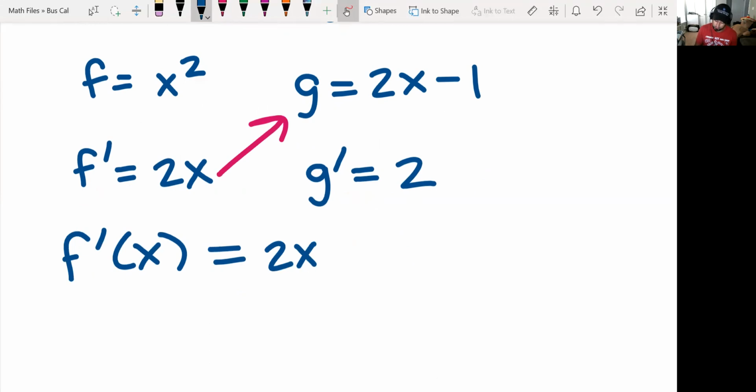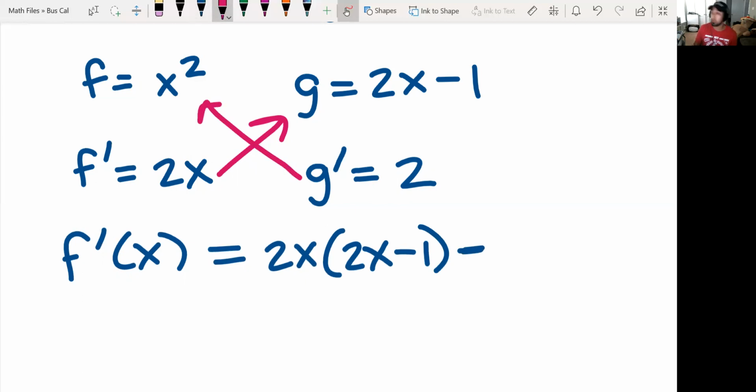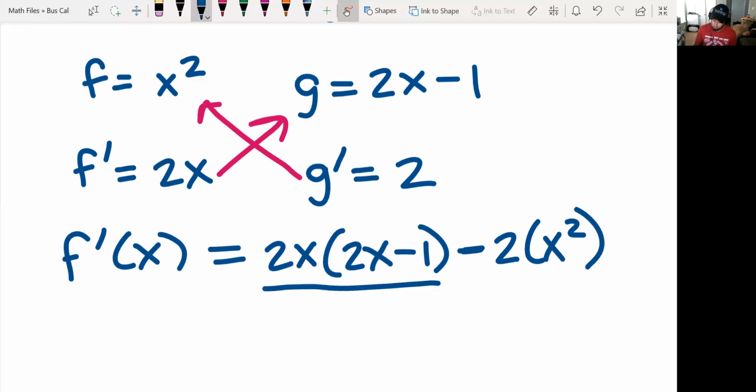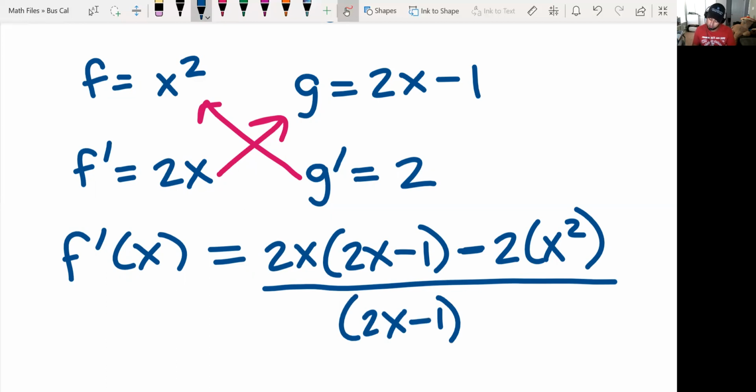So 2x times 2x minus 1, but now it's minus g prime f, 2 times x squared, all over the original denominator of g, which is 2x minus 1, and you square it.